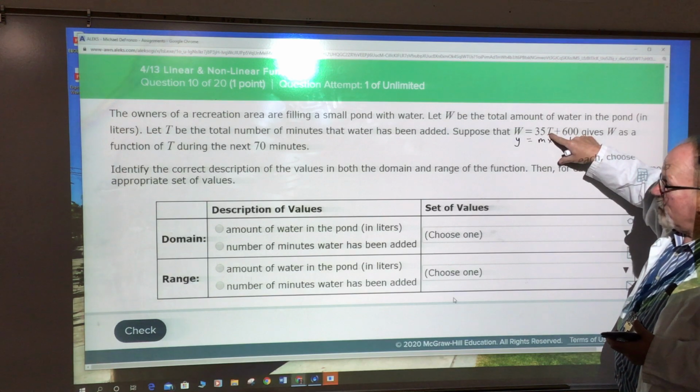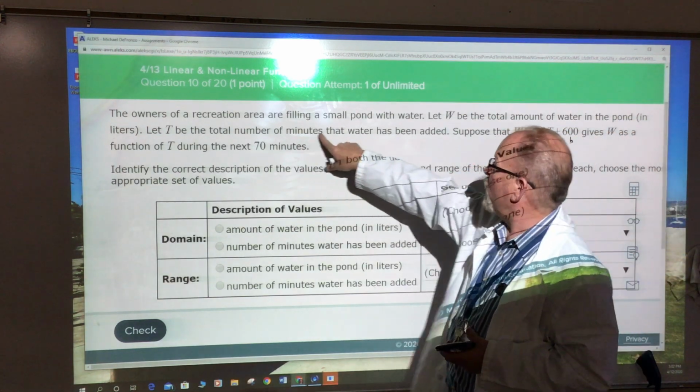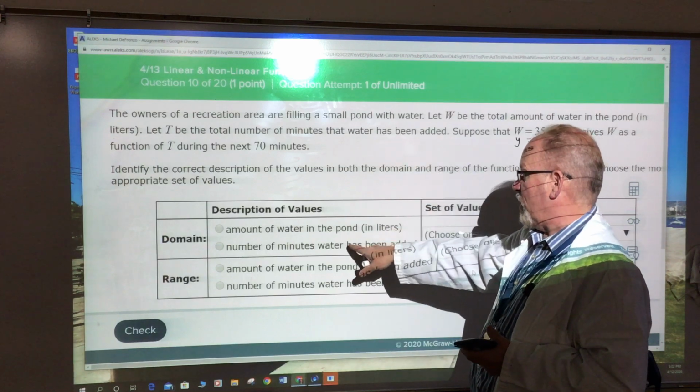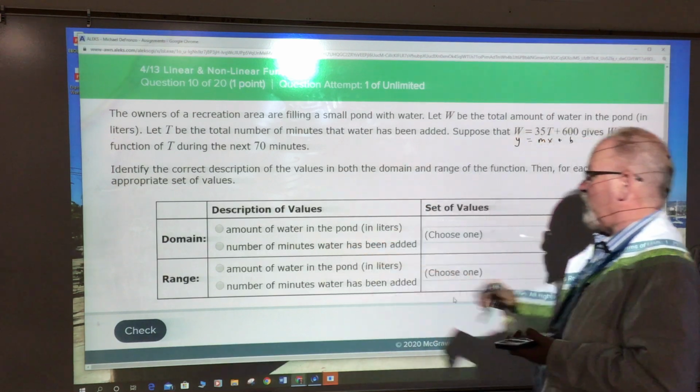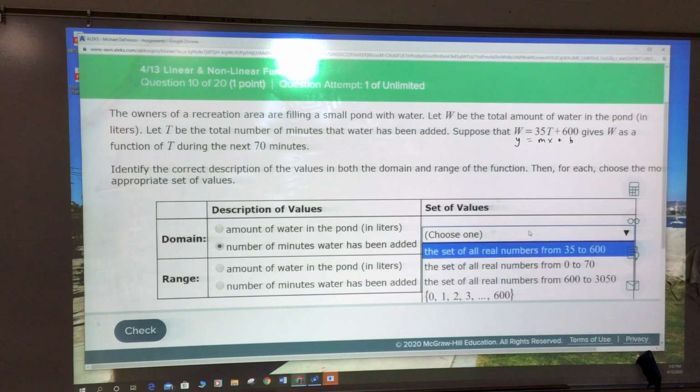So, which one is going to be the domain? It's going to be t. T is the total number of minutes that water has been added. Okay? Choose one set of values. So, let's see.